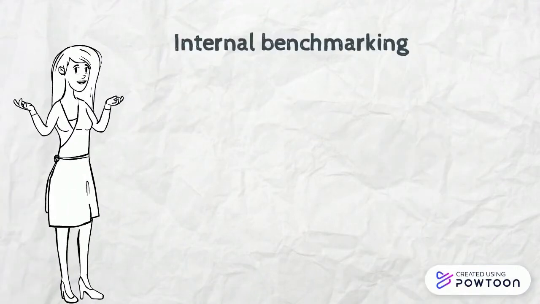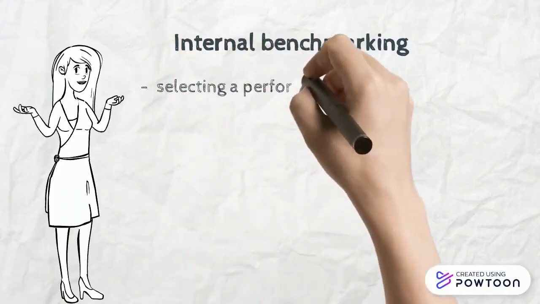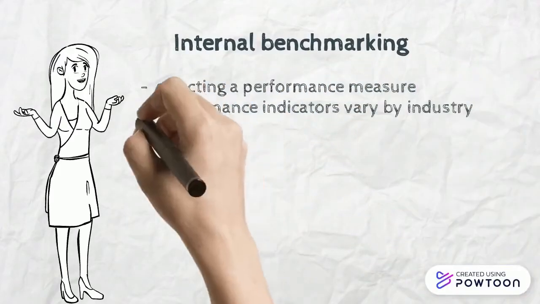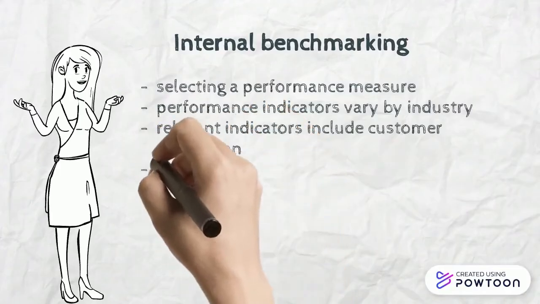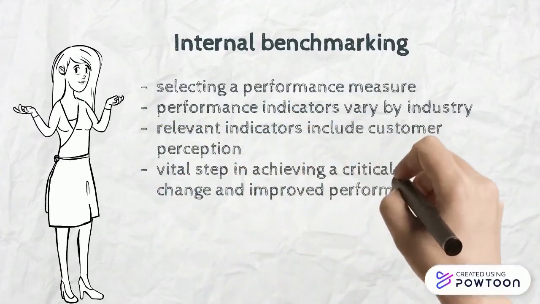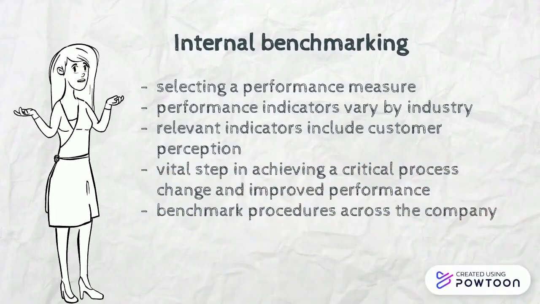Internal benchmarking often starts with a firm selecting a performance measure for a specific segment of the business to achieve. Naturally, performance indicators vary by industry, but relevant indicators include customer perception, for example, quality, cost and service, business evaluation, and financial stability.